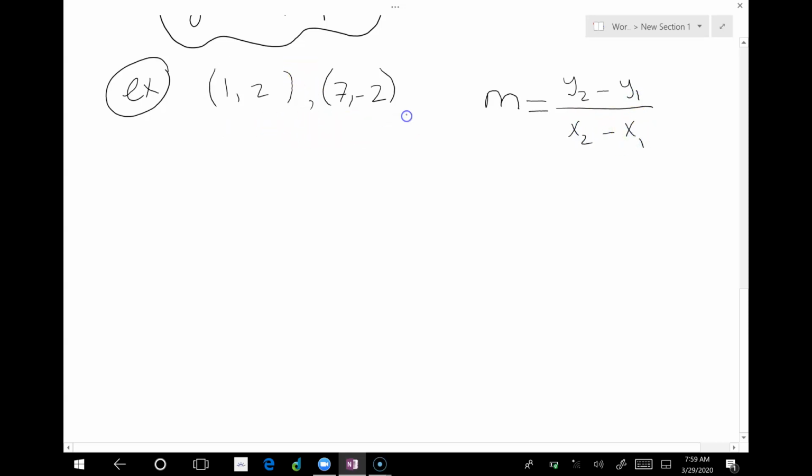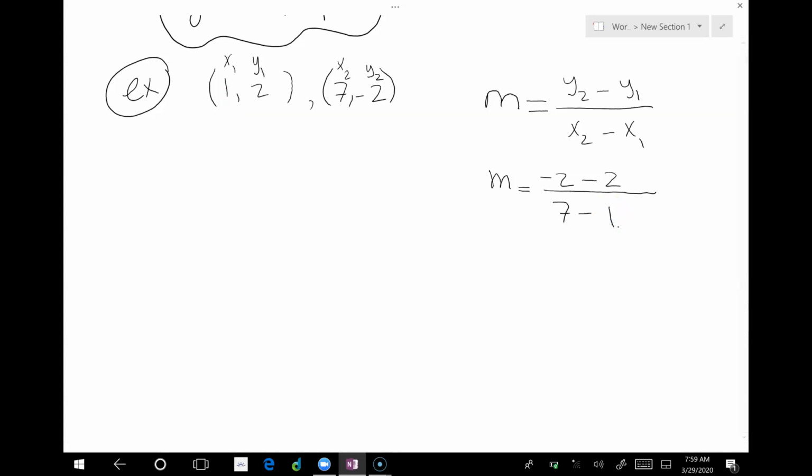So I need to identify which one is which. It doesn't matter, but if I let the first one be x1, the y associated with that must be y1, and then automatically the next one will be x2 and y2. So then m is equal to negative 2 minus 2, that's y2 minus y1, over x2, which is 7, minus x1, which is 1.